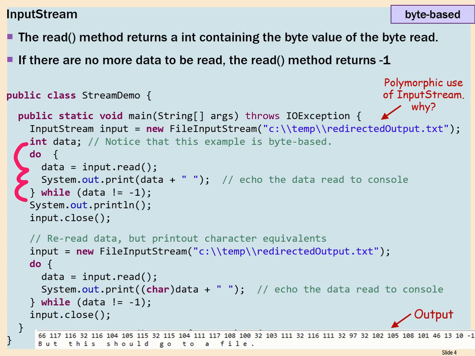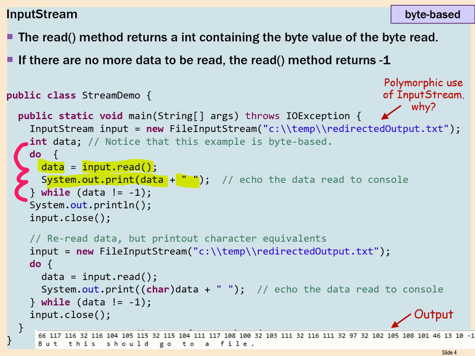And we start off by assigning the value from input.read to our variable data. Input.read is going to grab the very first byte and assign it to the variable data. In the next line, we'll just print out our data, and then we'll just add a space so we can see exactly what is being read.